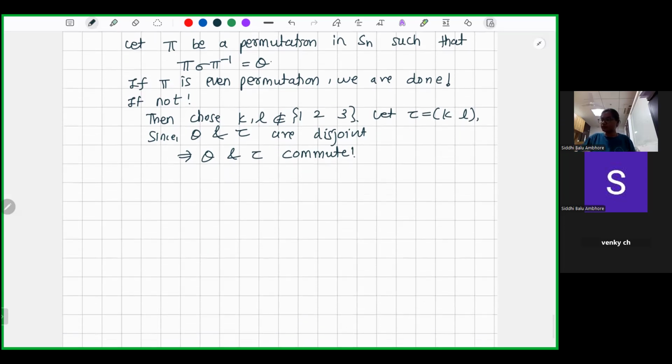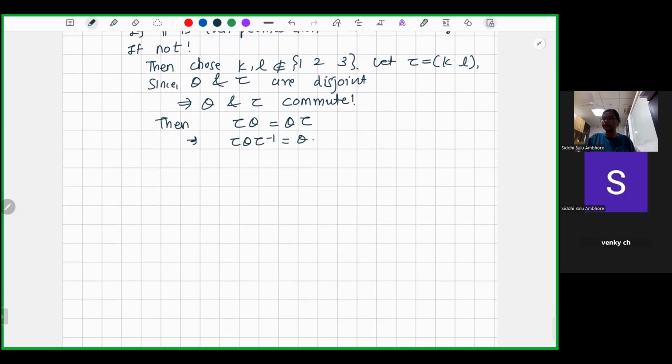So then tau theta tau inverse will be theta, right? Because tau theta will be theta tau, and then tau theta tau inverse will be theta.